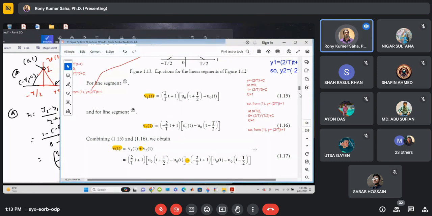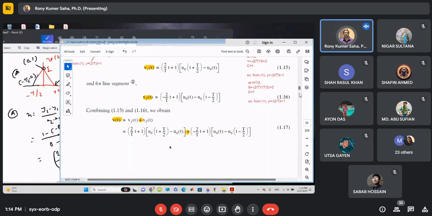Just make sure that if the function value is not constant, rather it changes, maybe linearly, non-linearly, or whatever, you just have to express that portion of the function using some mathematical tools. Like here we use the straight line equation because it's a linear function of t. So this is where you have to end your solution.